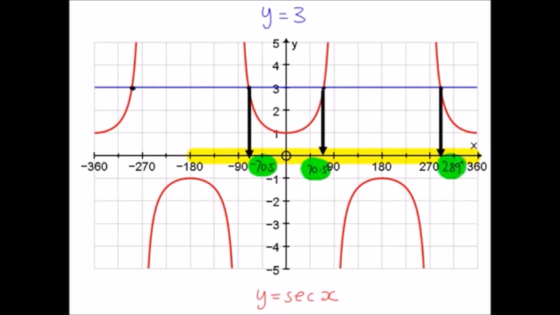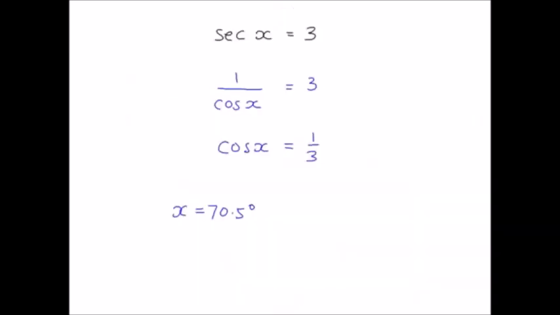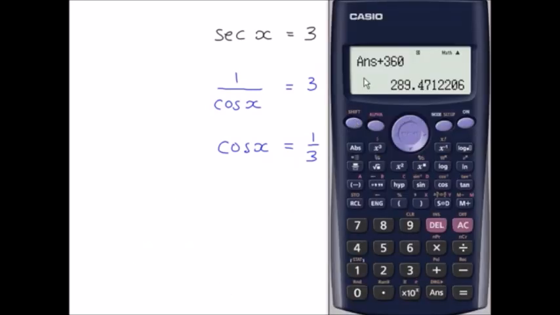And as you can see from this example, when you're solving equations involving reciprocal trig functions, you're not going to use inverse secant on the calculator. That function's not there. All you have are sine, cos and tan, which means anything that's given to you in terms of cosec, you need to rearrange into sine.